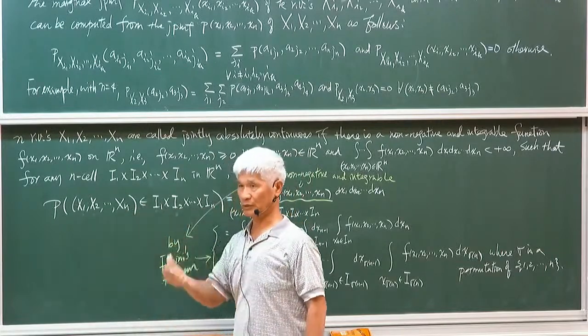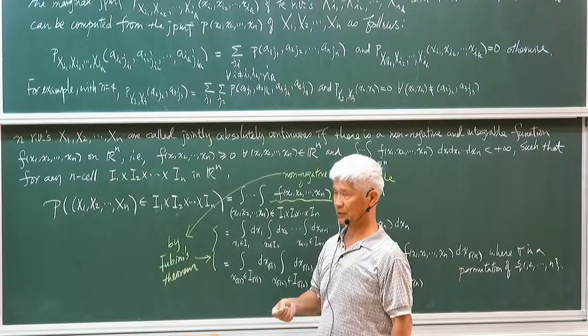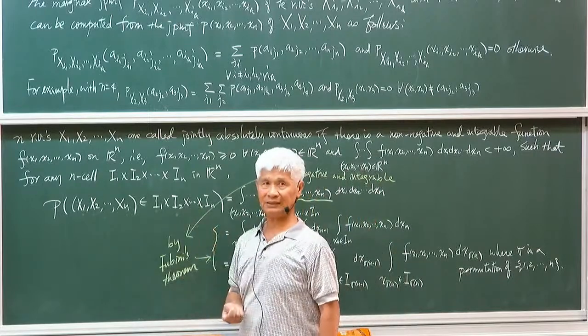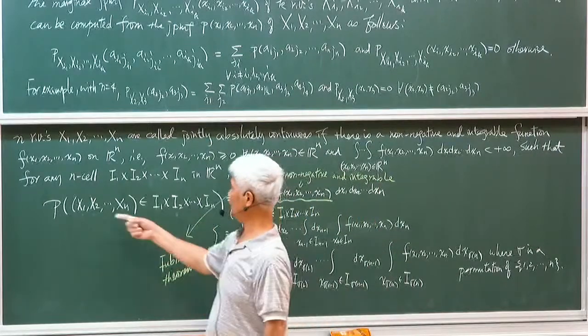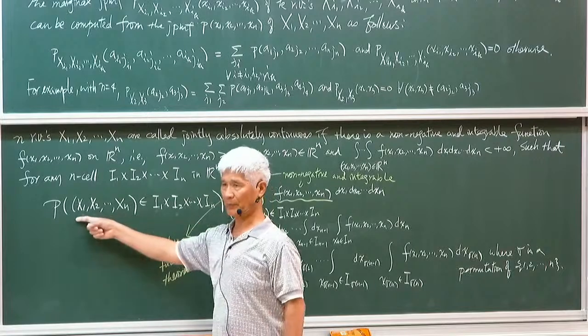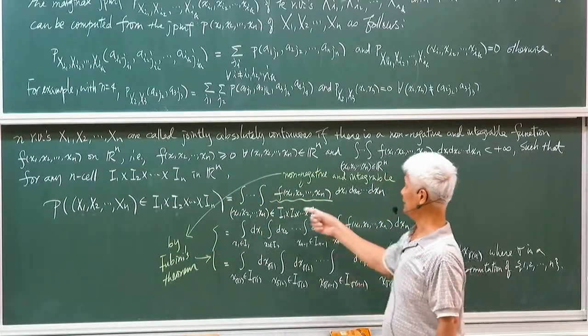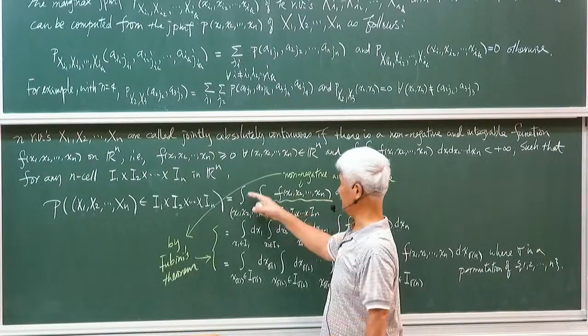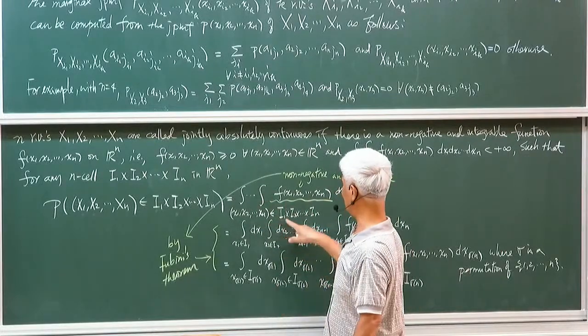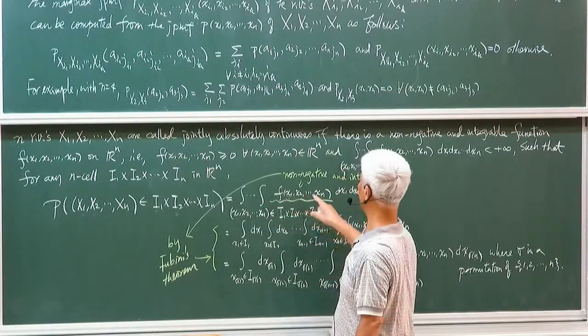So this is a joint event, because they should occur simultaneously. And so the computation of this probability can be evaluated by the n-fold integration over this n-cell.